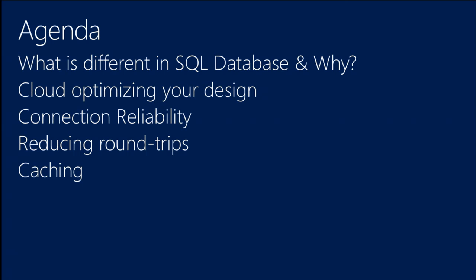Then we're going to look in a little more detail into connection reliability, which is one of the topics that we find customers hit a lot. We're going to talk about how to reduce round trips, because those are specifically costly in the cloud. And then towards the end, I'm going to have a few examples on how SQL database actually supports you in doing caching, which is a thing you should definitely consider once you run in the cloud.